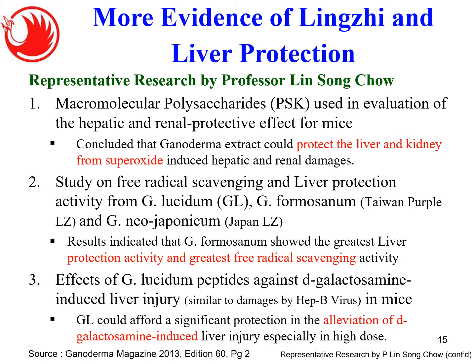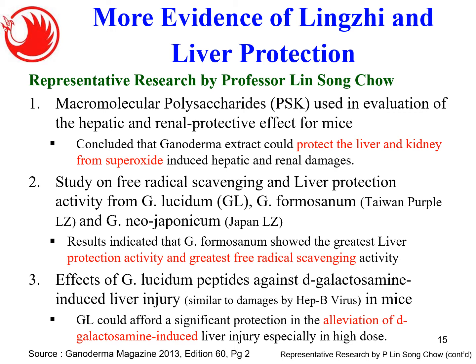Second is a study to look at the scavenging, meaning the clearing activity, of free radicals and liver protection activity from different species of Ganoderma. There's one Ganoderma lucidum, which is a normal linker, and then the Taiwan purple type of linker, Famosanum, and the third one is a Japan type of linker.